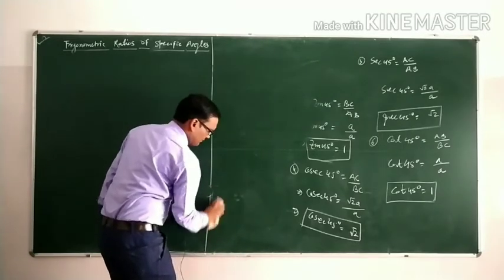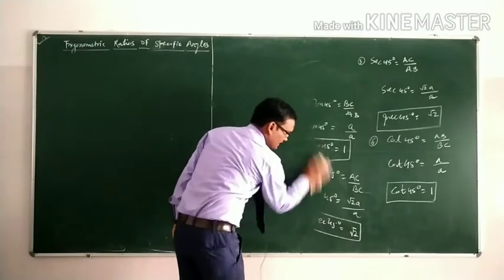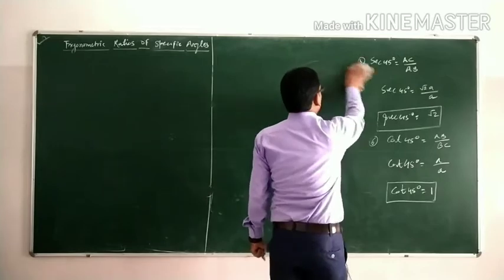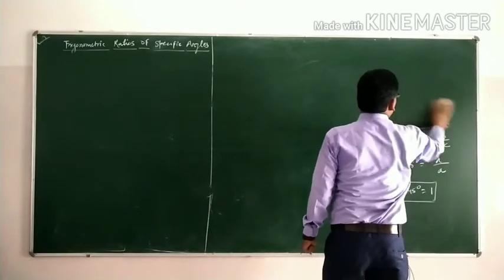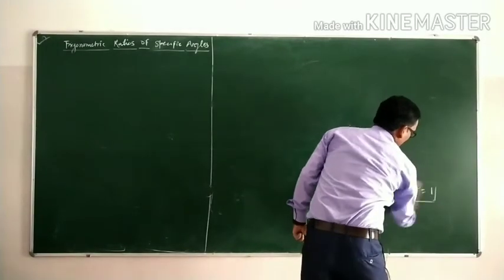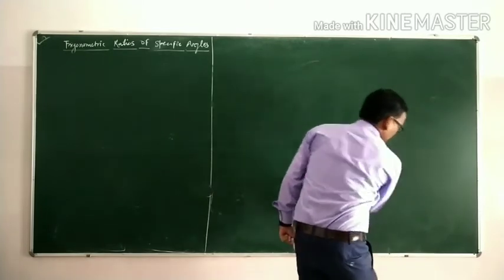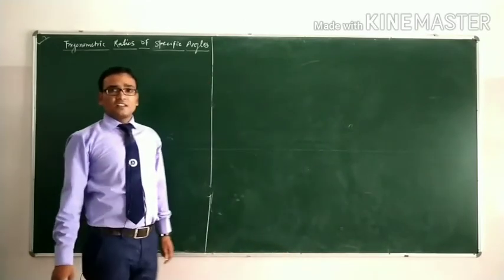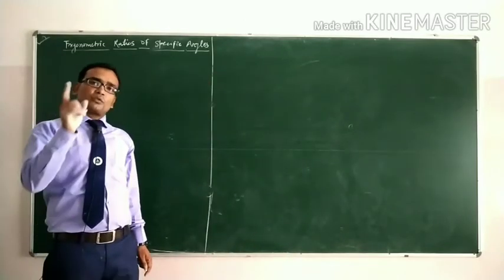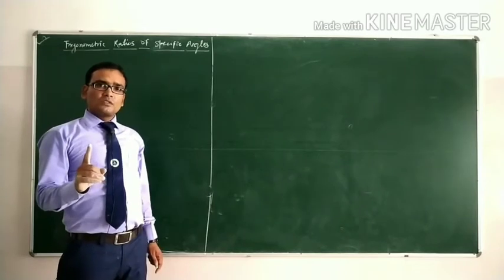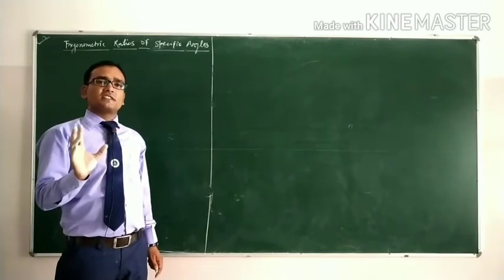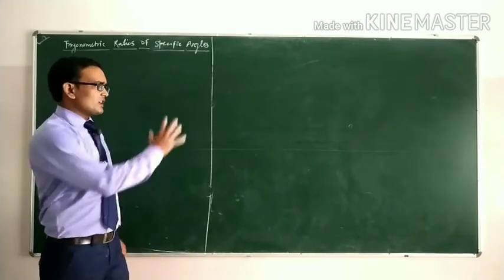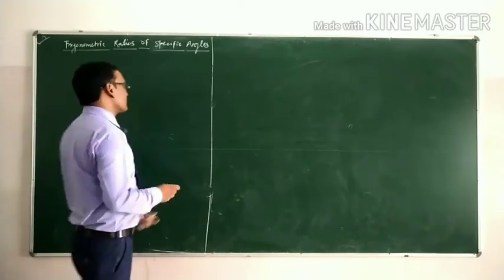Here 45 degree is pi by 4 radian. We convert the degree into radian, so 45 degree is pi by 4 radian. Then sin pi by 4 is also 1 upon square root 2, and cos pi by 4 is 1 upon square root 2. Okay student, similarly we find the other trigonometric ratios.